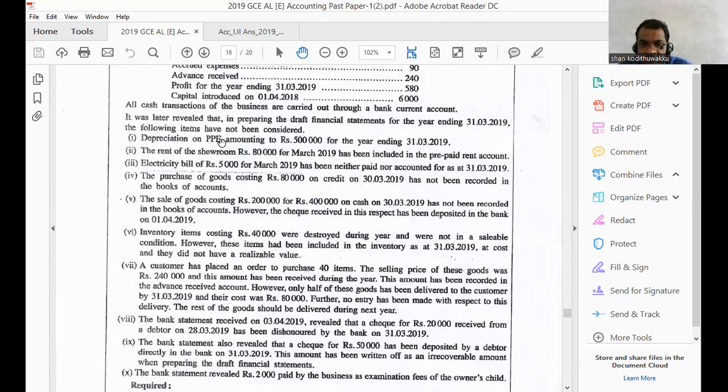Depreciation on PPE, that is property, plant and equipment, amounting to 500,000 for the year ending 31st March 2019. As they have mentioned, they haven't adjusted this depreciation. Depreciation is also another estimated expense. Therefore, we have to deduct it from capital or equity, because expenses will reduce capital, and also depreciation will reduce the asset value, asset cost.